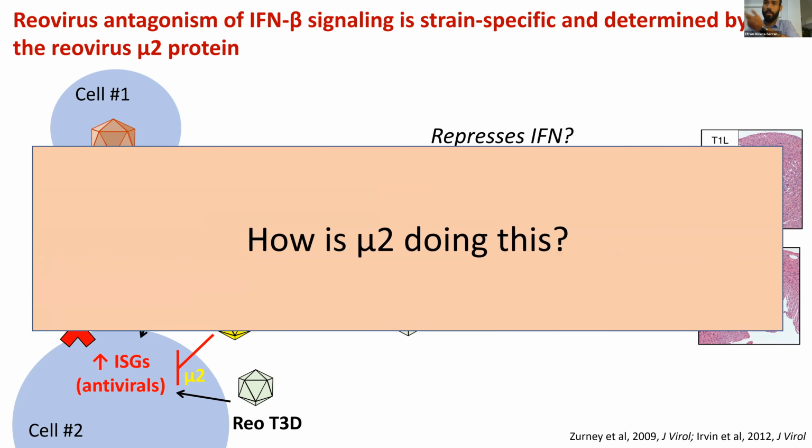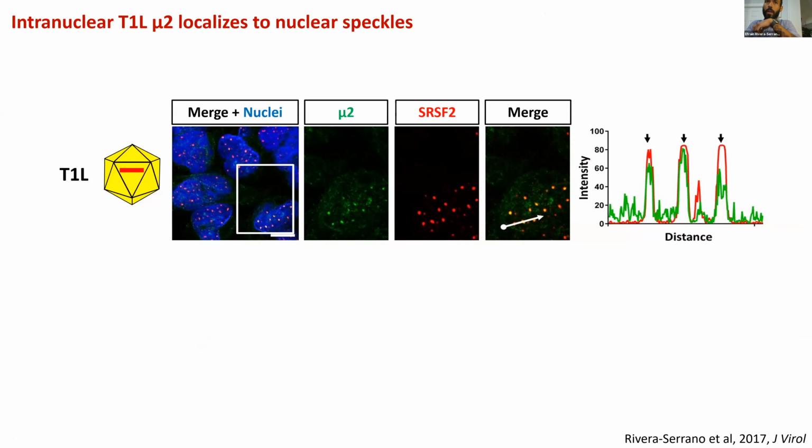I'm going to skip through all the data, but we used microscopy to get at how this one protein is shutting down interferon signaling. Without microscopy, we would never have been able to do it. What we found is that this protein, which we're now labeling in green, each one of these green dots is where the mu2 protein is, inside the nucleus.